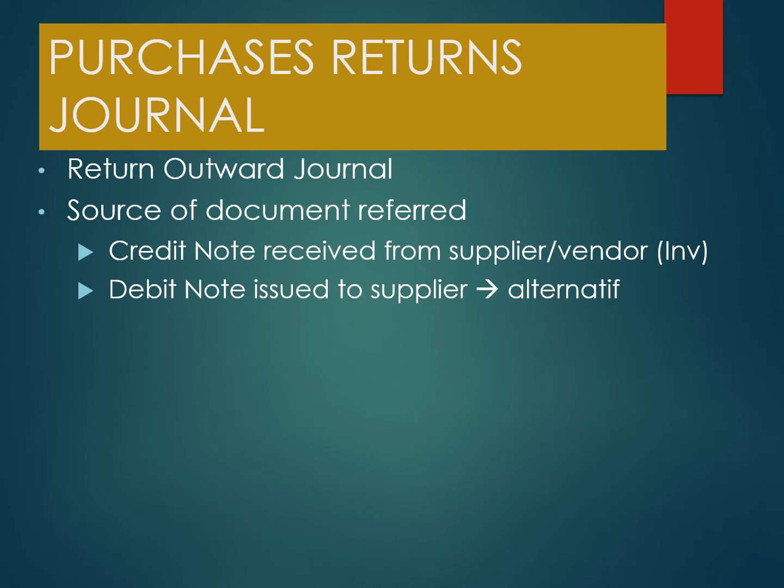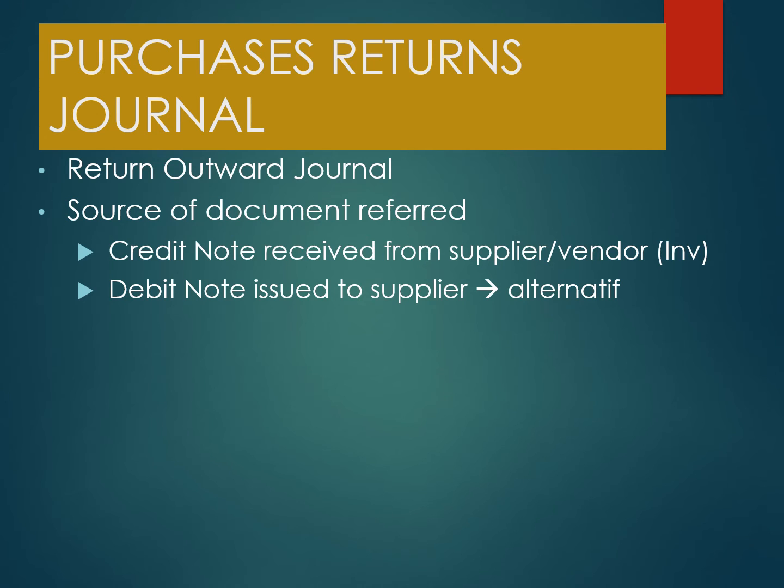However, nowadays it's not the case because we can use an alternative medium. For example, you can use email or instant message to send out the copy of the credit note.